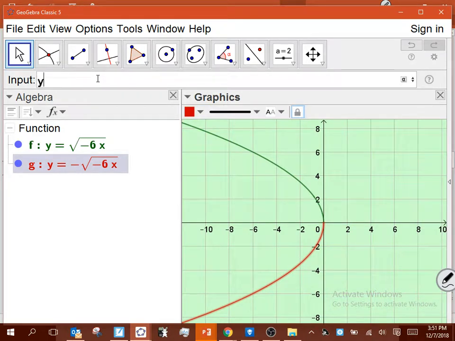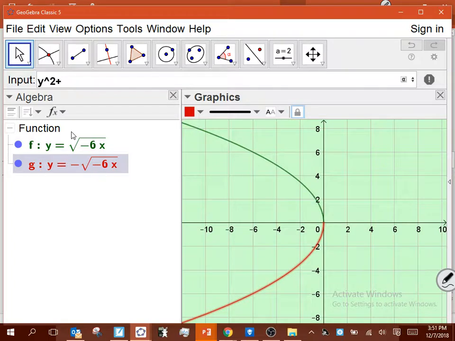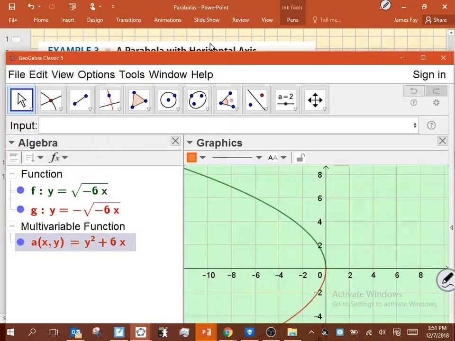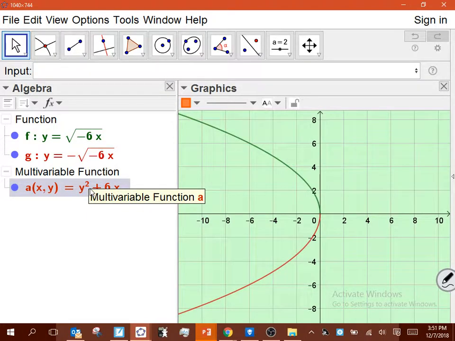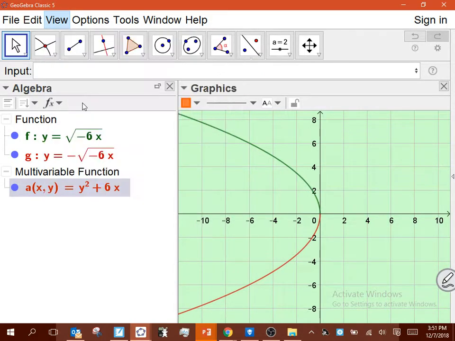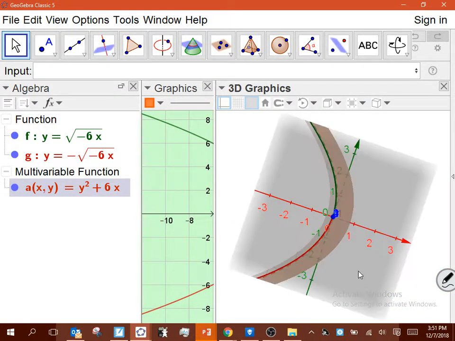If we think about it, is it the parabola y squared plus 6x? Yeah, it's going to be graphing, I think, in 3 dimensions.